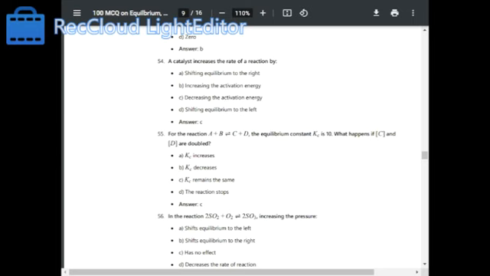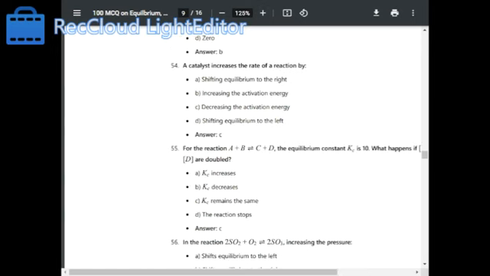Option A Kc increases, option B Kc decreases, option C Kc remains same, option D reaction stops. The correct answer is Kc will remain same. Option C is correct.